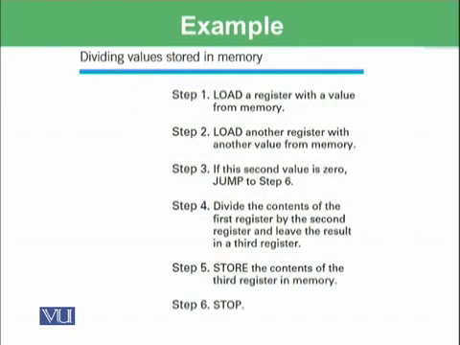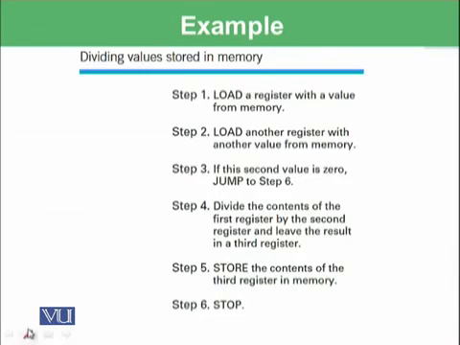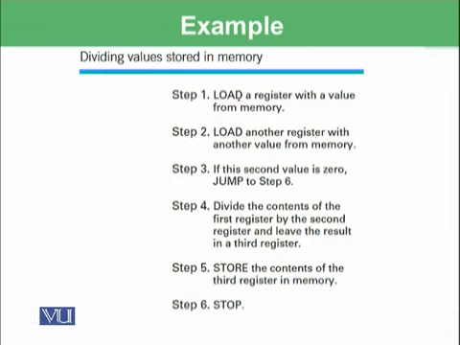For example, we want to divide one number by a second number. Our first step is load. You can see now we are not writing that we need to get information from RAM. We are saying load. Load means load a value from RAM into the register, and then load another value from RAM into the register.